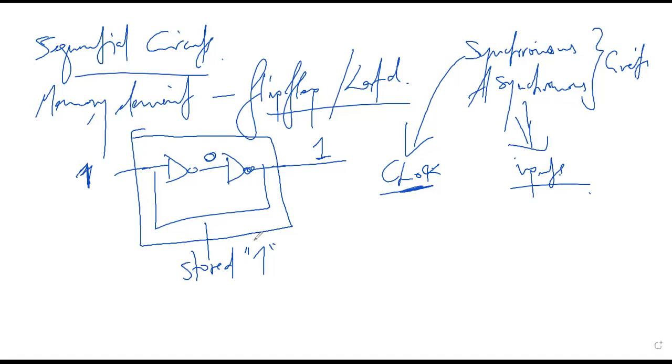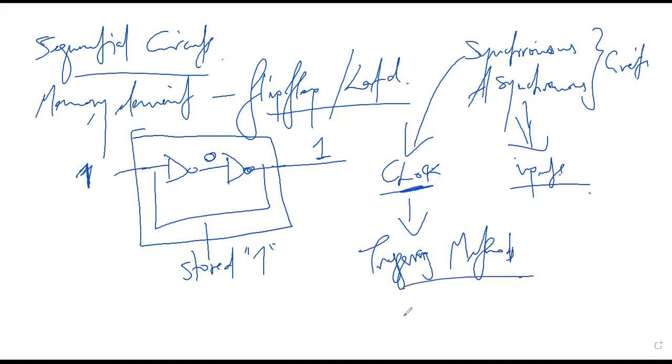Right. Synchronous, asynchronous. We also talked of the introduction of triggering methods with the clock. With the clock come triggering methods. We have edge triggering and we have level triggering.